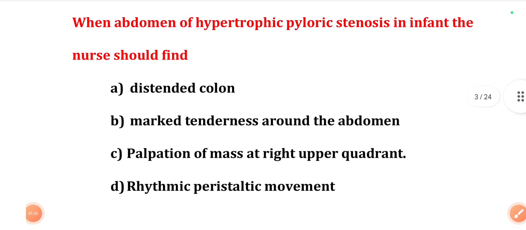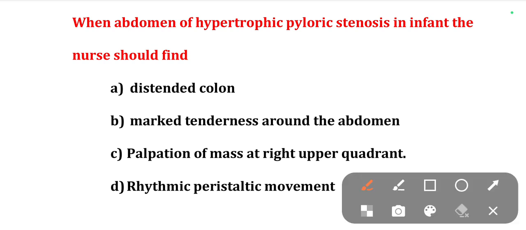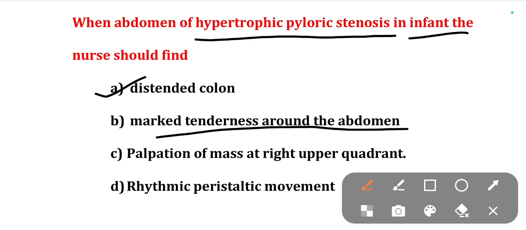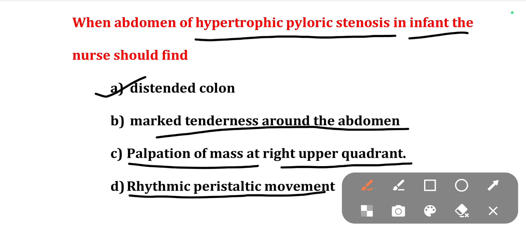The next one is hypertrophic pyloric stenosis. In an infant, the nurse should find what? So in an infant with hypertrophic pyloric stenosis, as a nurse, what should you find out? Options are distended colon, marked tenderness around the abdomen, palpation of mass at right upper quadrant, and rhythmic peristaltic movement.